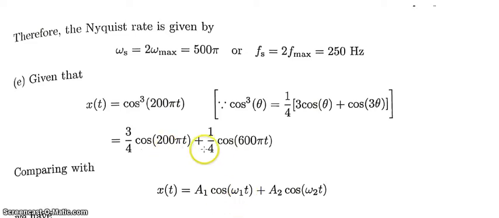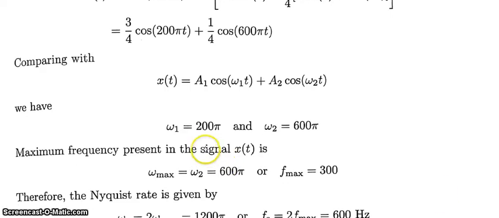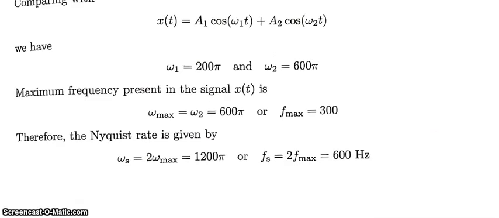Again, this is of the form of a sum of two sinusoidal signals, ω1 and ω2. ω1 is 200π and ω2 is 600π. Therefore, the maximum frequency is 600π, or fmax = 300. Therefore, the Nyquist rate is twice ωmax, which is 1200π, or fs = 2fmax = 600 hertz.